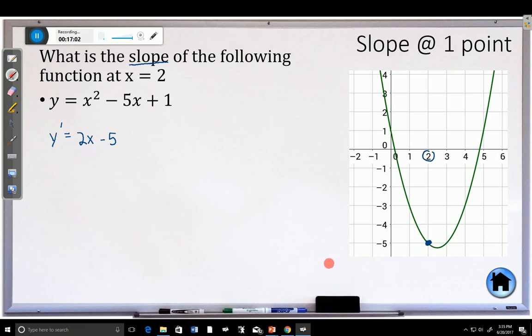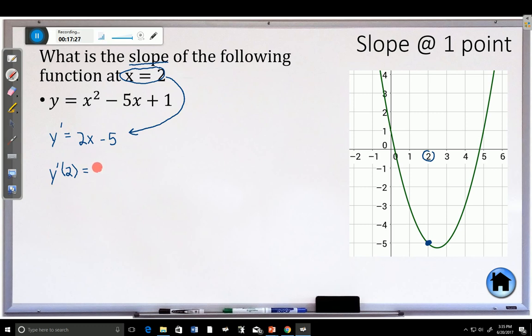What is that slope? Well, instead of using the slope formula, I can now simply plug in x equals 2 into my slope formula, my slope function. So if I plug it in, I'm going to write it this way, y prime at 2. Function notation kind of helps you see what you're doing.